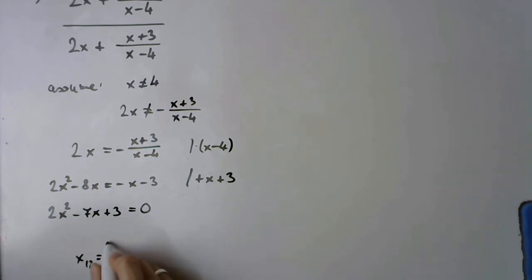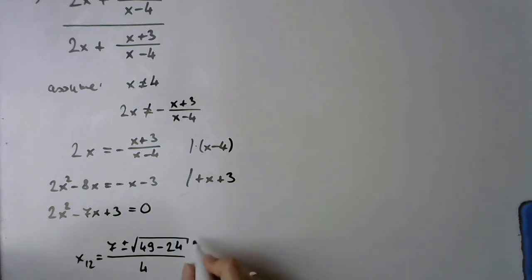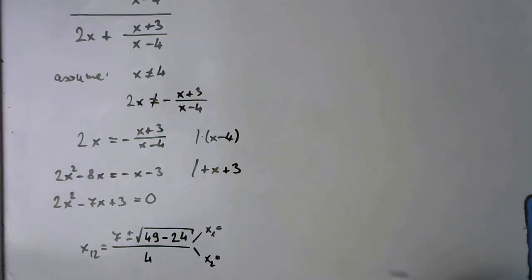x1,2 equals 7 plus minus root of 49 minus 24, divided by 4. The two roots: x1 equals 3 and x2 equals a half.